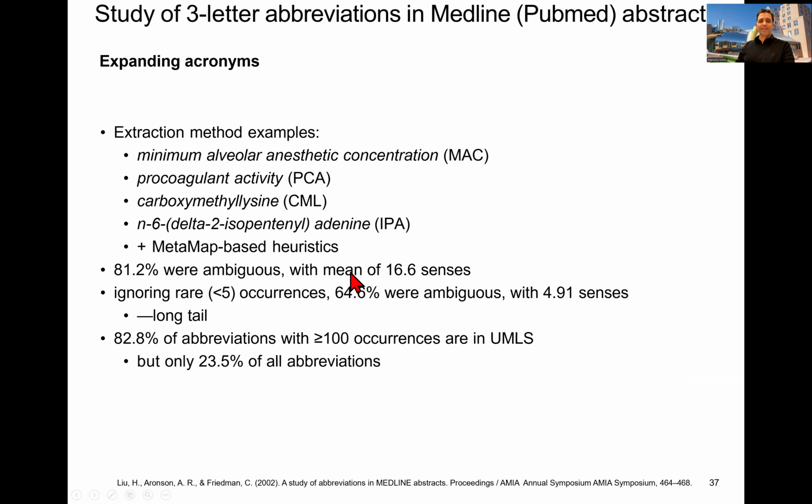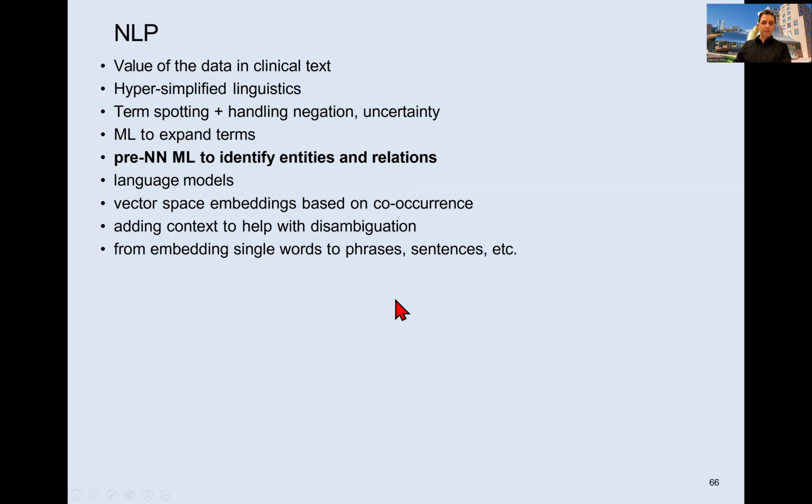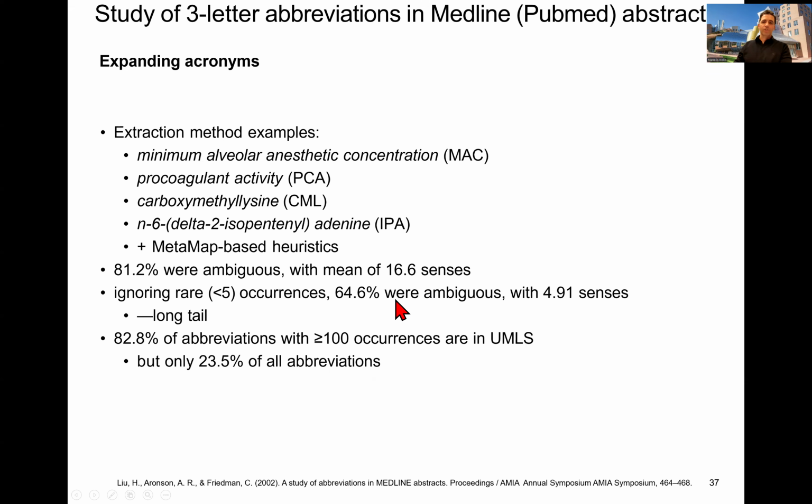The mean number of senses was 17 different meanings for every 3-letter acronym on average. If you ignore rare occurrences, still 65% were ambiguous, with an average of 5 meanings for each of them. And that is obviously an enormous challenge.